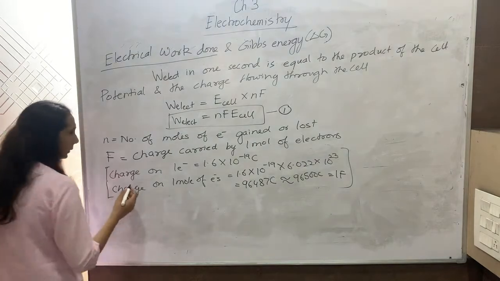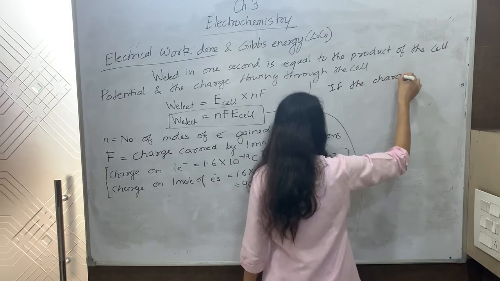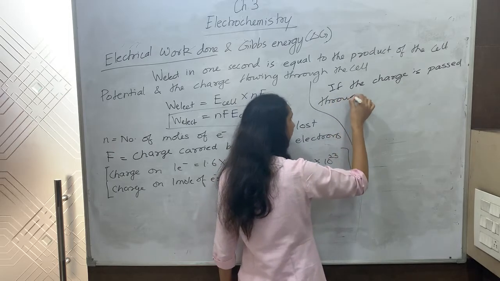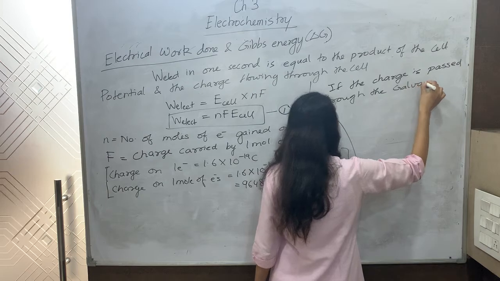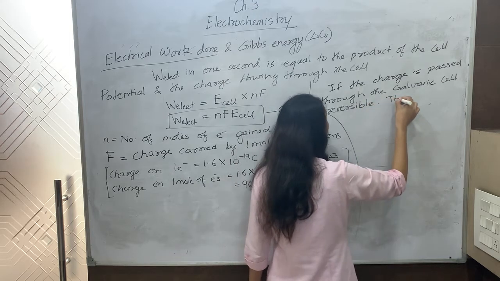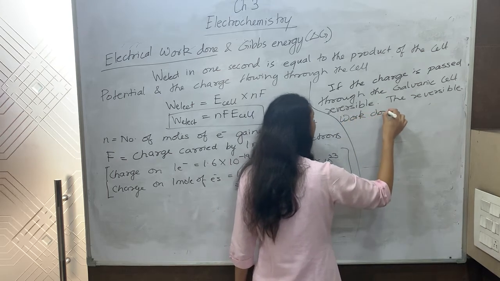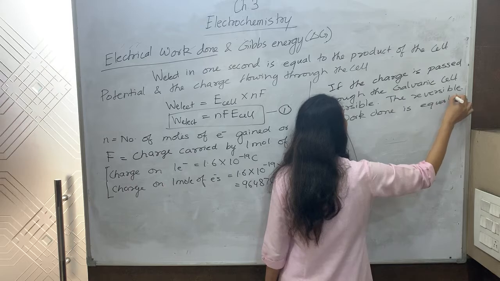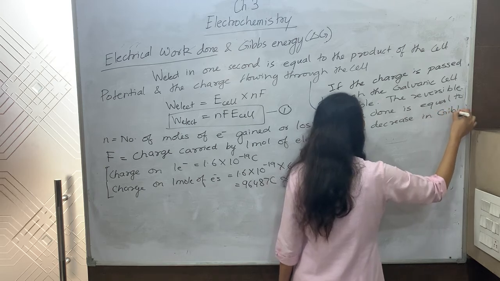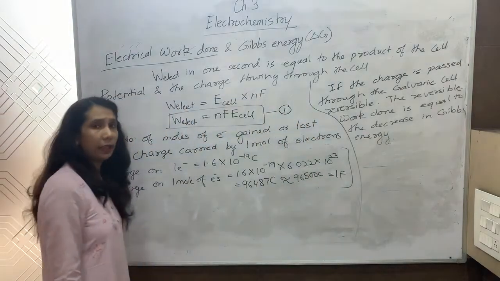So if the charge is passed through the galvanic cell reversibly, the reversible work done is equal to the decrease in Gibbs energy.